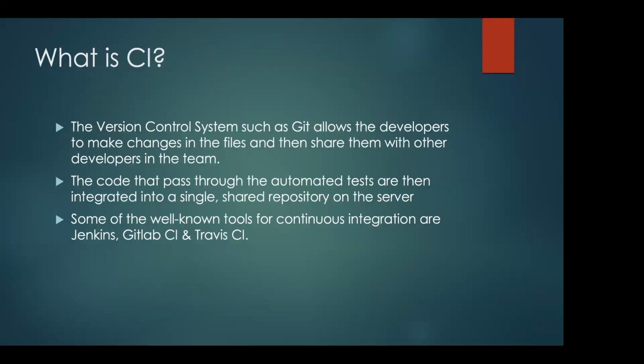After DevSecOps, some of the common terminologies that we hear are CI and CD. So what is CI? CI is nothing but continuous integration. As I explained earlier, the developers' code will be merged and put into a centralized repository. There will be different builds.